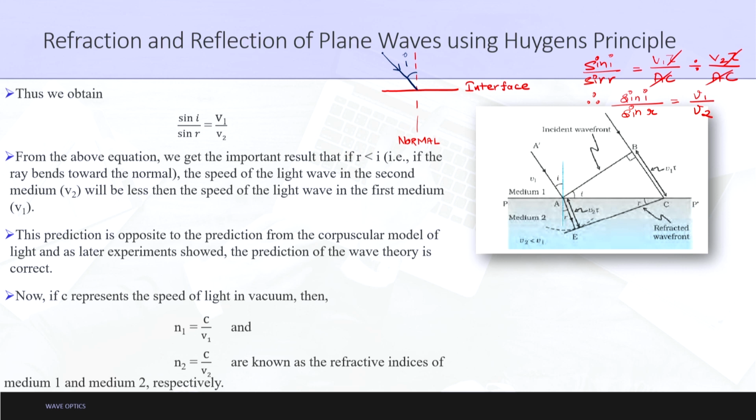Now, what it is saying is, if R is less than I, then on refraction either the incident ray can go towards the normal or it can go away from the normal. Let me draw both. So, this is the original path. Let the green line show that the refracted ray goes towards the normal, and let me change the color to, let us say, purple. This line shows that the refracted ray goes away from the normal.